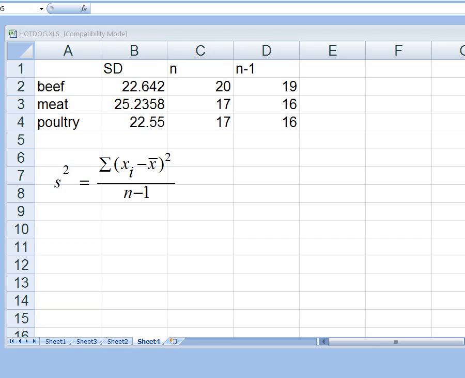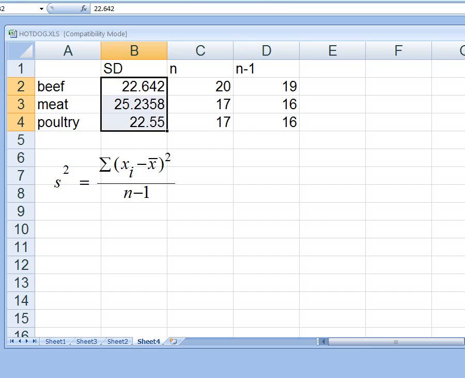We want the sum of the differences between each point and its own mean. That's very similar to how you calculate a sample variance, right? I had already calculated the standard deviation of each of these three groups of hot dogs. And by having the standard deviation, if we square those, we get the sample variance. Let me go ahead and do that here.